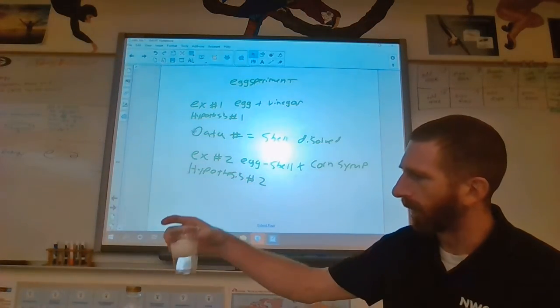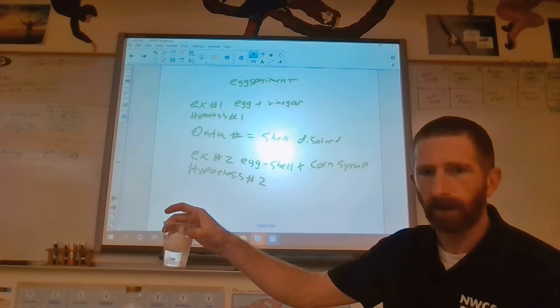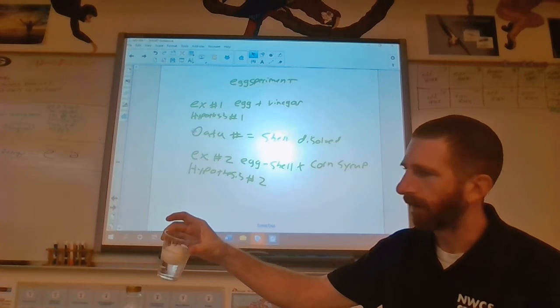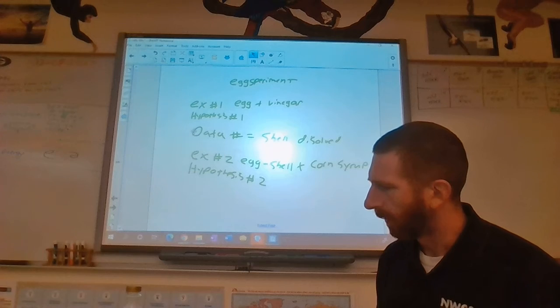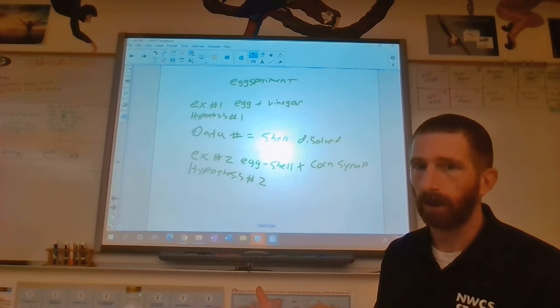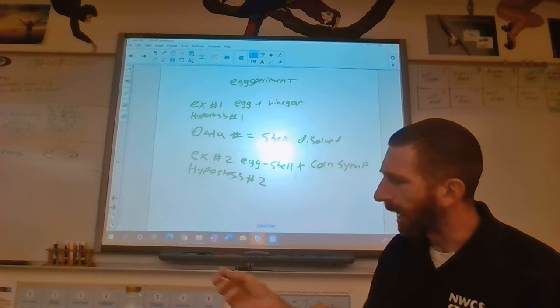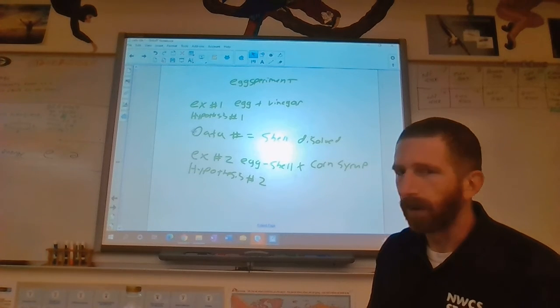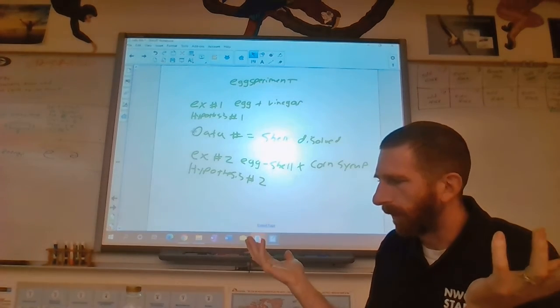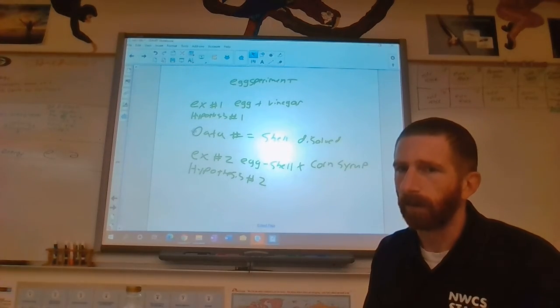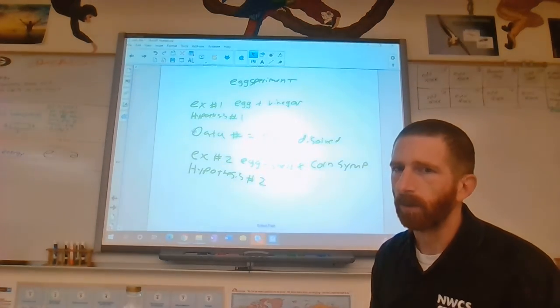Is the shell going to magically reappear, and now the egg is going to have a candy shell that is nutritious and delicious? Is it going to change color? Is the sugar going to go into the egg, and then when we cook the egg, it'll be sweeter? What's your hypothesis? Write that down, and then we'll talk about that.